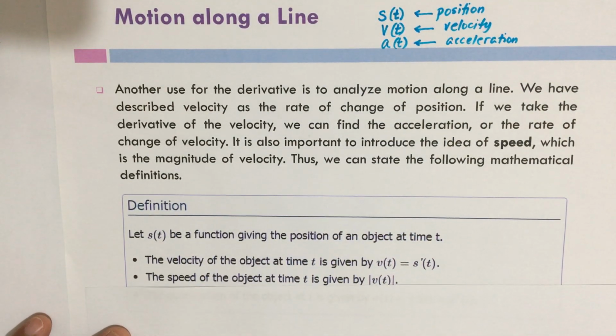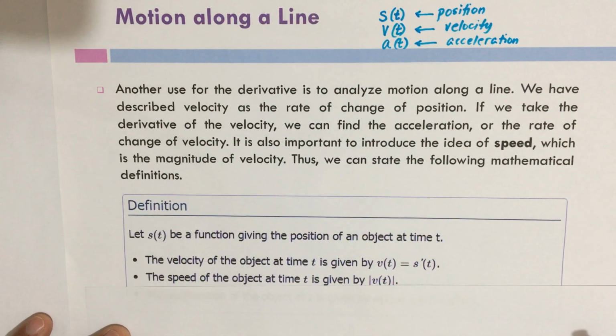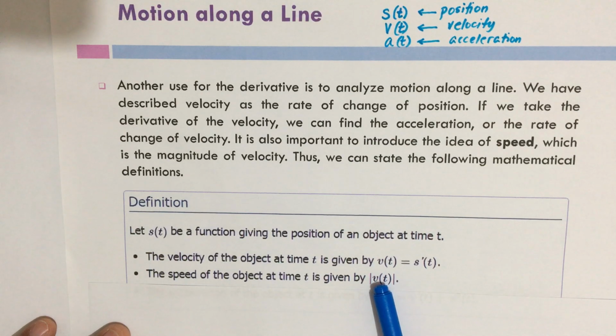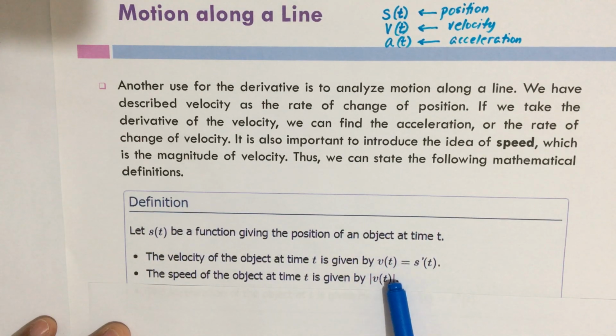And the speed of the object at time t is given by the magnitude of V of t. So the absolute value symbol here, class, indicates the magnitude. Alright? This is the magnitude of the velocity.